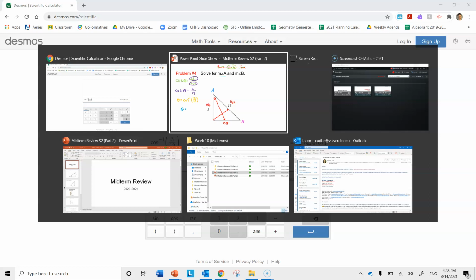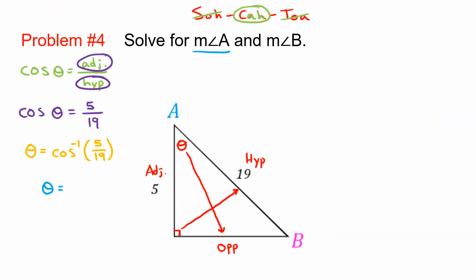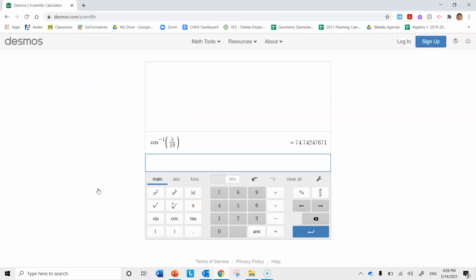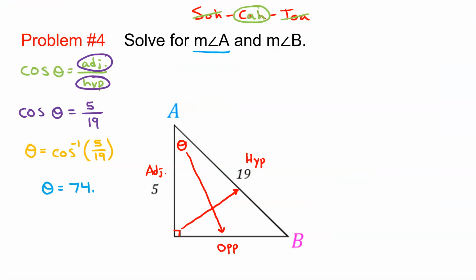So there we have it, 74.7 degrees, which is going to round to 75 degrees. So the measure of angle A is equal to 75 degrees.